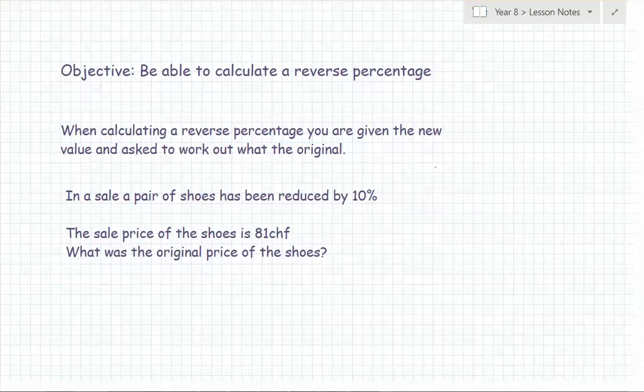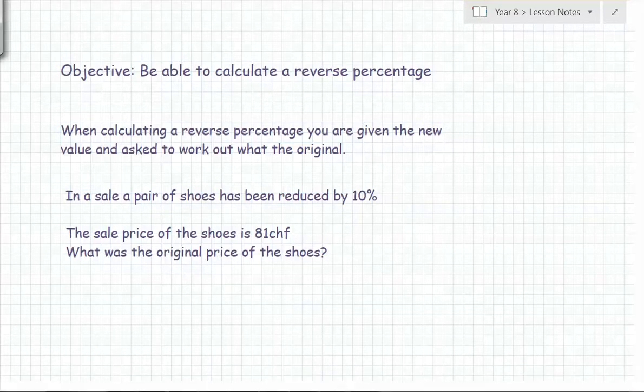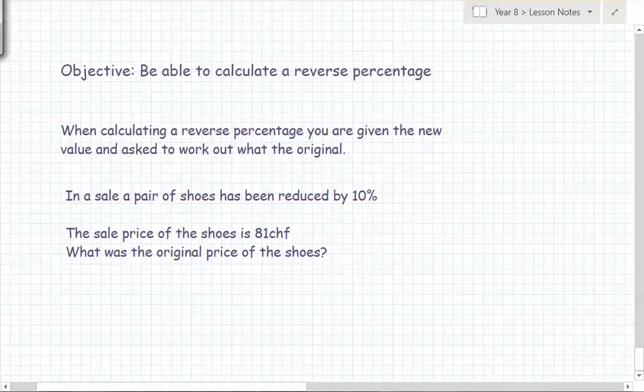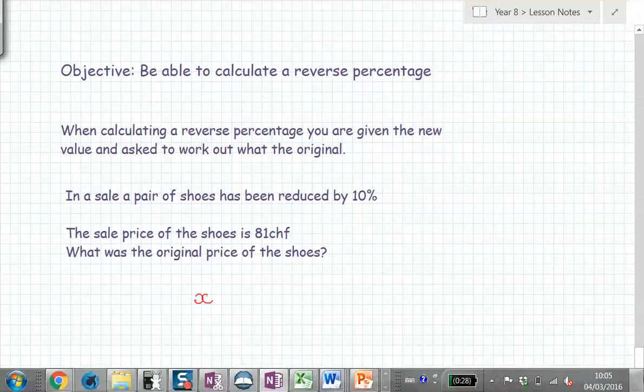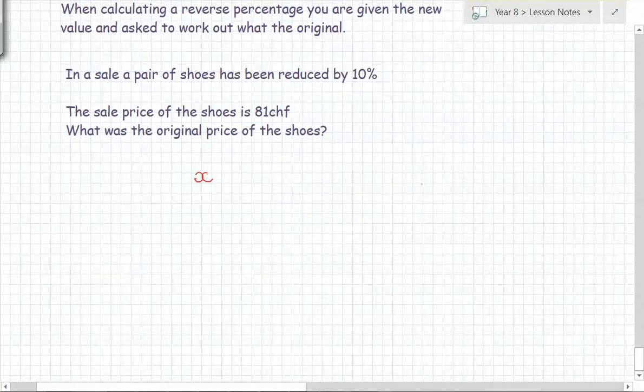Basically then, if we were to write this down a bit mathematically, we know that there was a price. I'm going to call that X because it's unknown. What we have to do is know that that is a reduction of 10%, so we're going to find 90% of it.